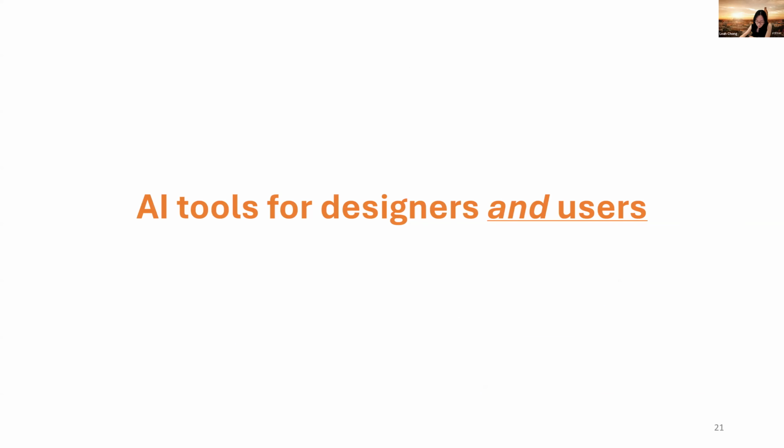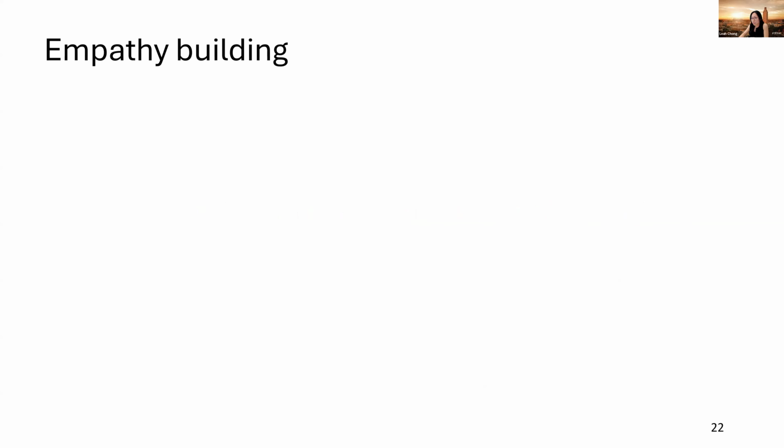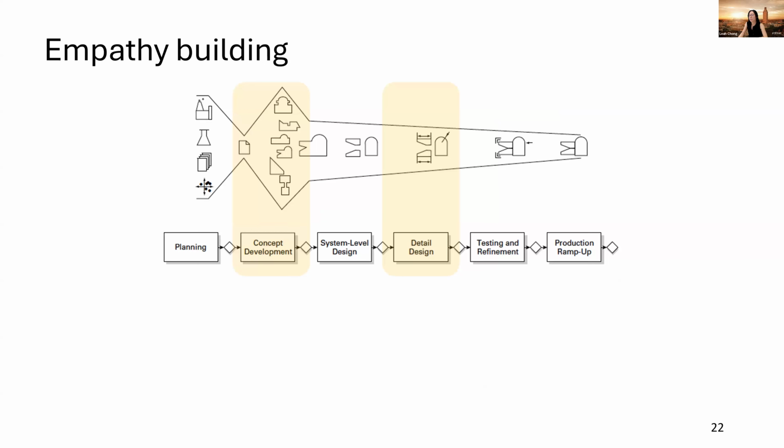So with that, I want to also move on to talking about AI tools, not just for designers, but also for users as well. And as I was thinking about this, one of the biggest things that I've been thinking about is this issue that I first brought up, that AI has mainly been focused on the concept development phase and the detailed design phase of the design process.